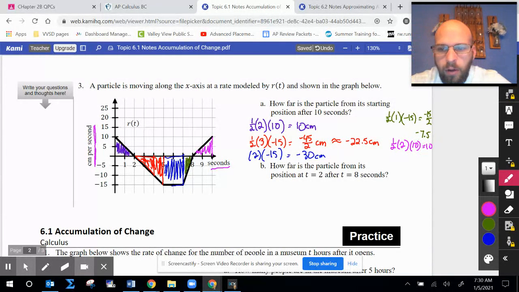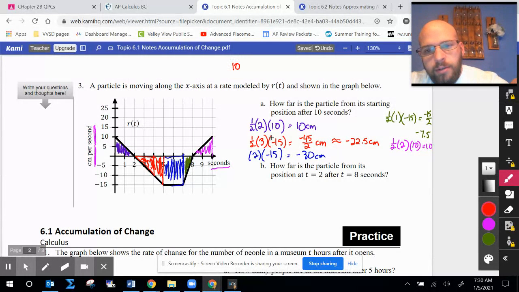So I just want to add all this up. I'm going to write it on the top here: 10, I'm going to add all the positives together first, plus 10. There were two triangles that were positive. And then I'm going to subtract 22.5.